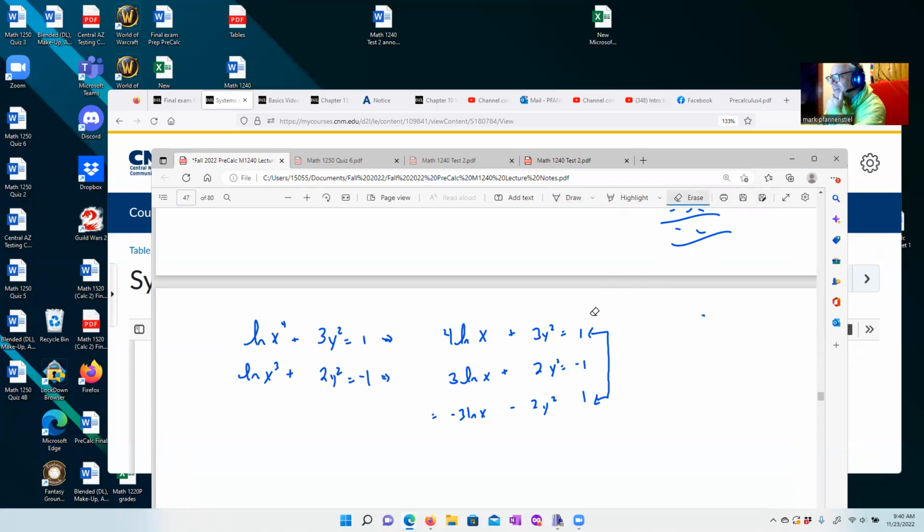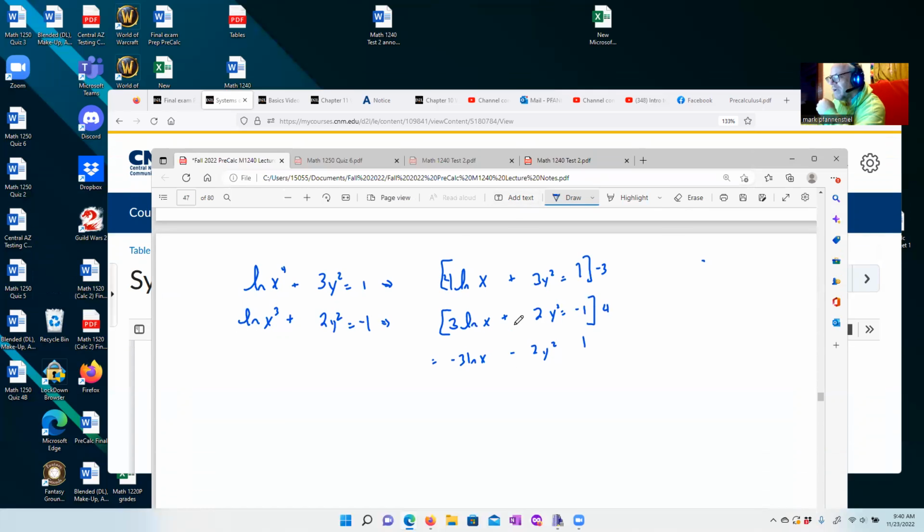So let's put that on the maybe pile. What I'm going to do instead is multiply this whole equation by negative 3, and then multiply this equation by positive 4. That's going to give me two equations. This is minus 12 ln x, minus 9y squared, is equal to negative 3.